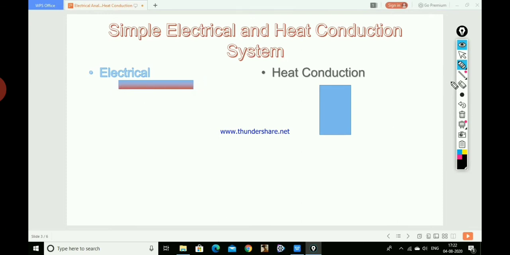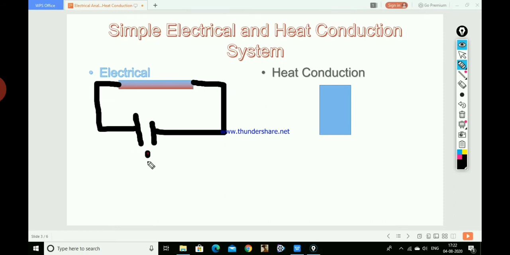If the two nodes of the conductor are attached with a battery, then let us say this is our battery, with voltage delta V. So if any conductor is attached with the battery, plus minus, then current I will flow inside the system from positive to negative. Now due to that current, a resistance R is generated inside the conductor.